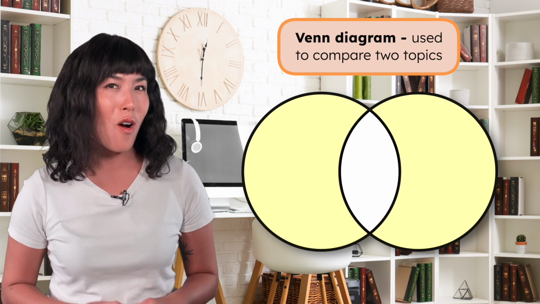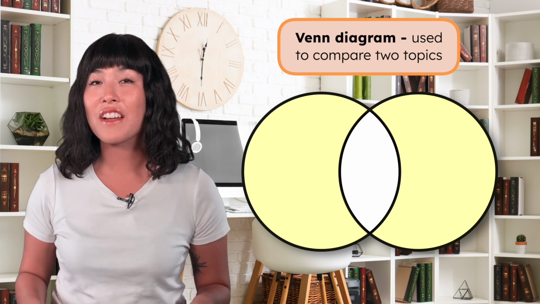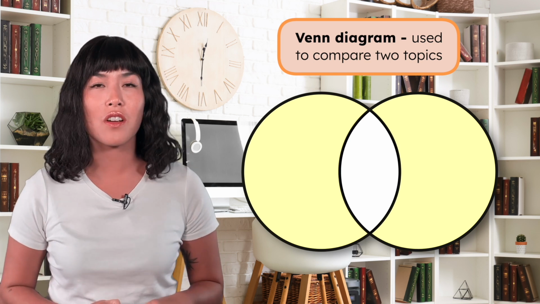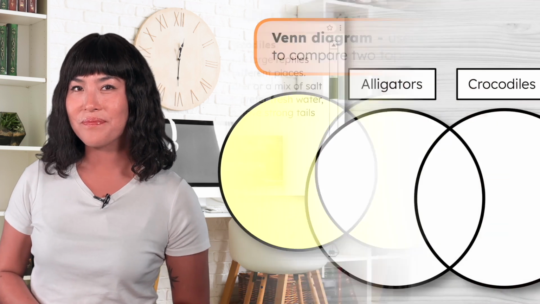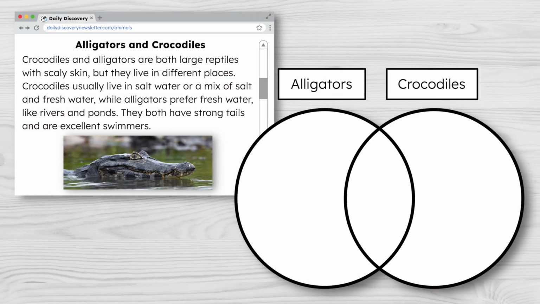Let's look back at their article and see if we can identify each part of the structure to pull out the similarities and differences. In the first sentence, the author uses the word both. This is a clue that the author is comparing. The author tells us that they are both large reptiles with scaly skin. These facts can go in the middle of our Venn diagram.